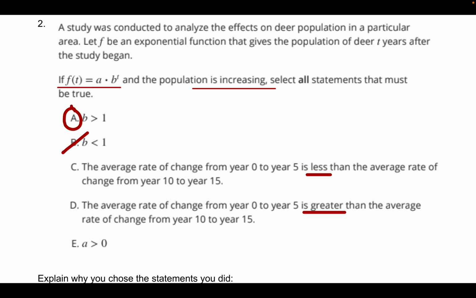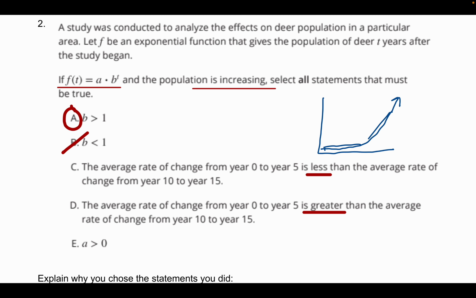But since this is increasing, if we want to sketch ourselves a little picture, an increasing function, when it's exponential, and I know my picture here is a little wobbly, this is going to have a smaller rate of change the closer we are to 0. And the further we get away, it's going to be greater.